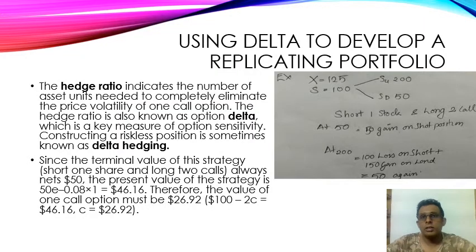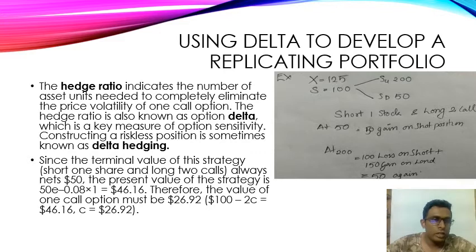Using delta to develop a replicating portfolio. So firstly, why develop a replicating portfolio? A replicating portfolio is developed so that the risk is eliminated completely. If you see, there are 3 terms that we need to learn here. The first one is hedge ratio, the next is delta, and the other is delta hedging.